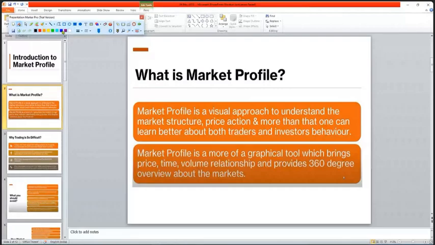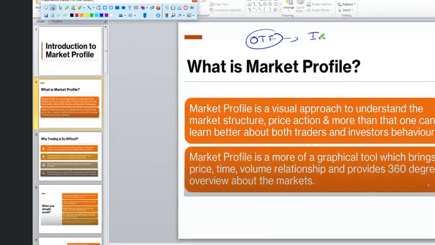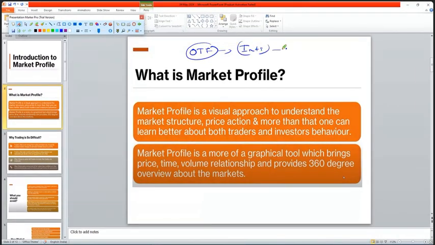Only when institutions, other time frame traders, smart money, big money are entering the market. So our ambition should be how to identify the smart money in the market when the initiative is happening.